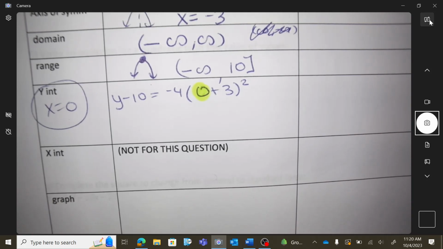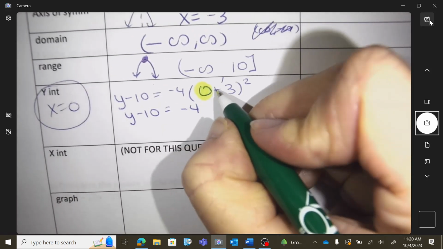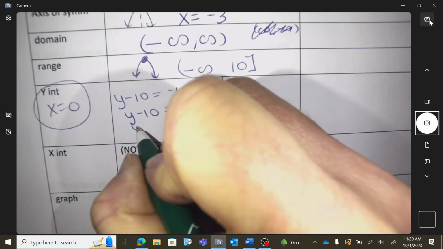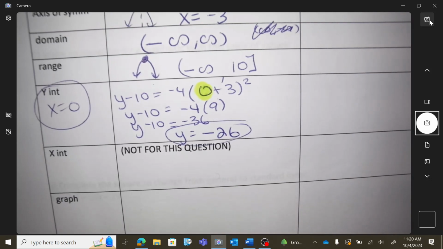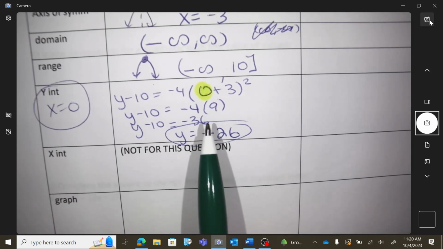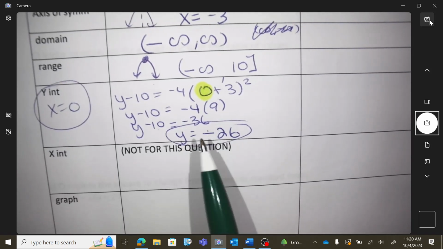Can you get your number on that? Algebra. So do your BEDMAS: brackets, then exponents, then multiply, and then put the add, subtract stuff on. Brackets, 3 squared is 9, times add.